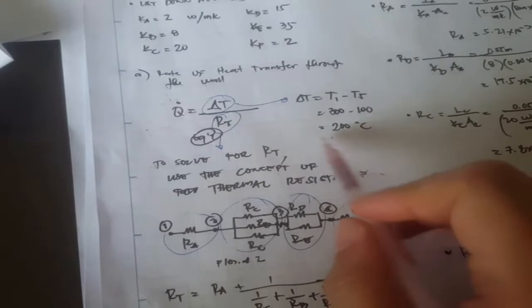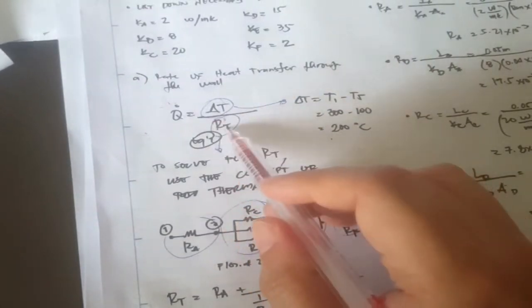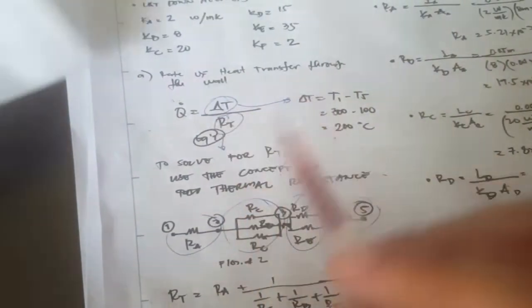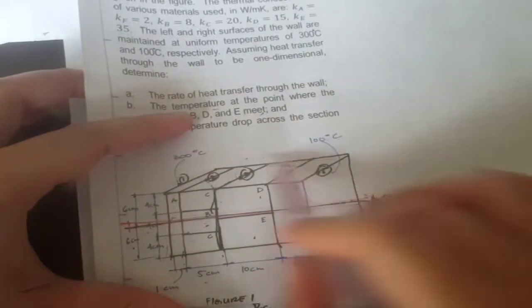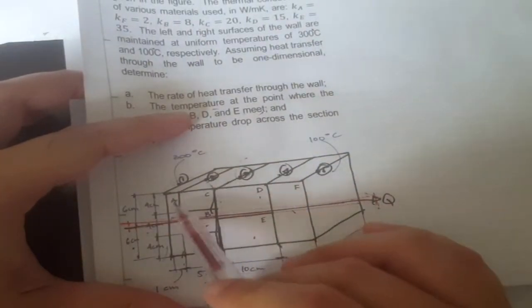So we have 300 minus 100, which is just 200, and our RT is the total resistance of this whole wall, from A to F.